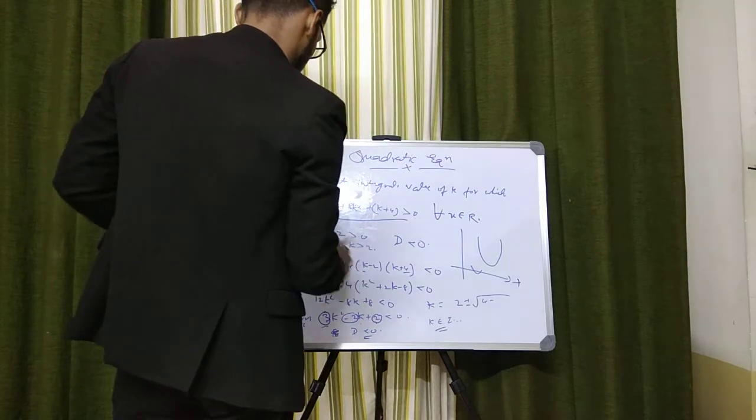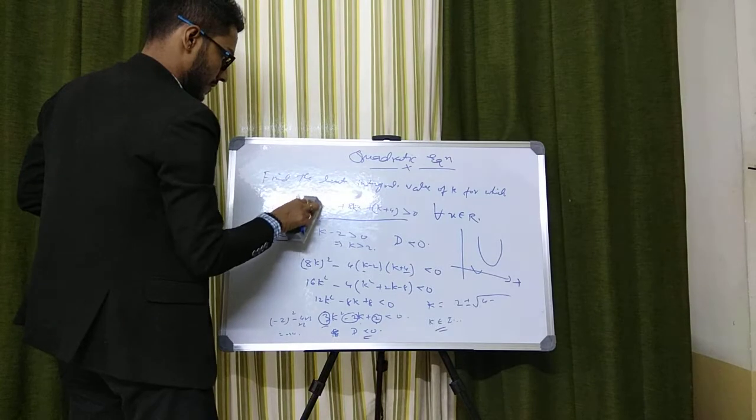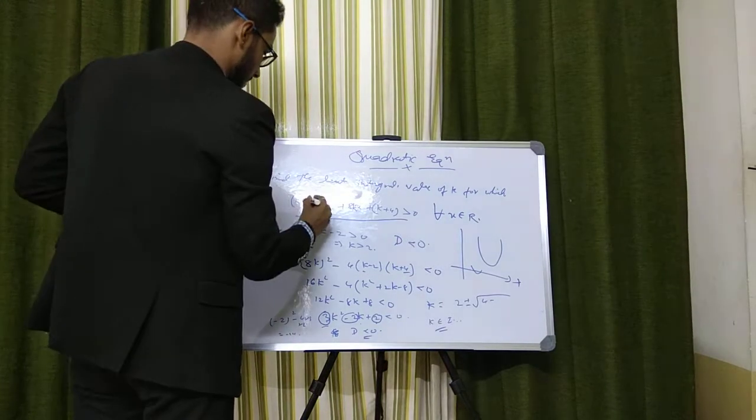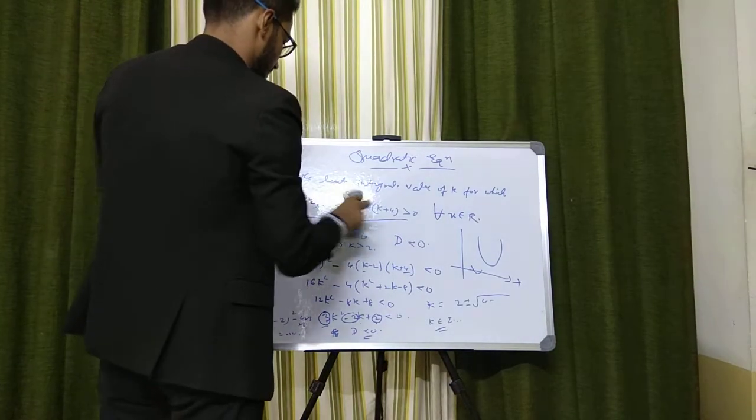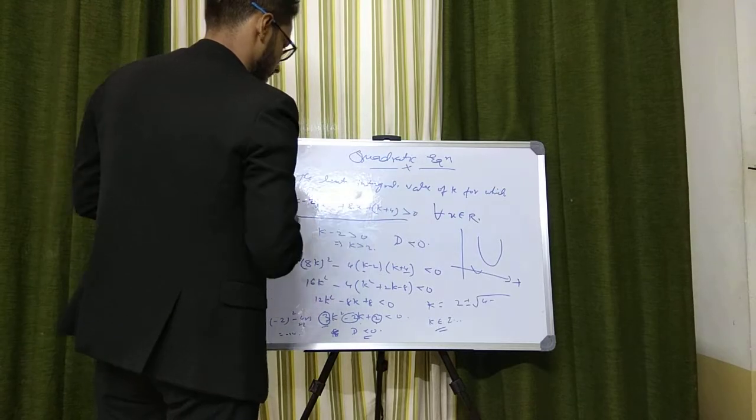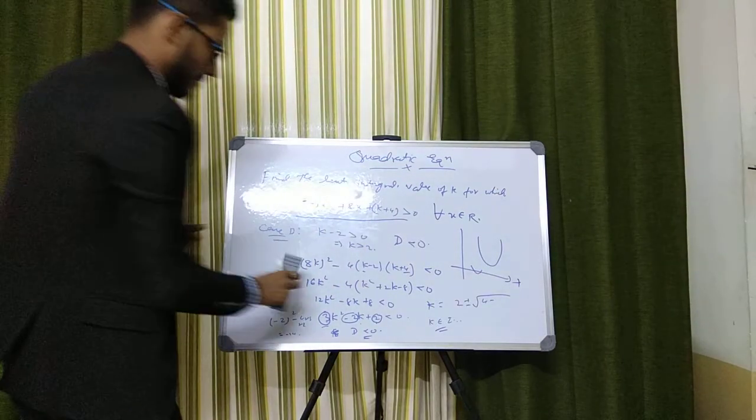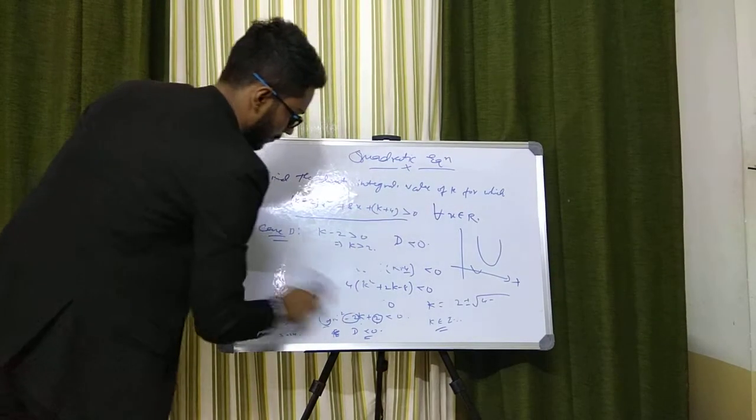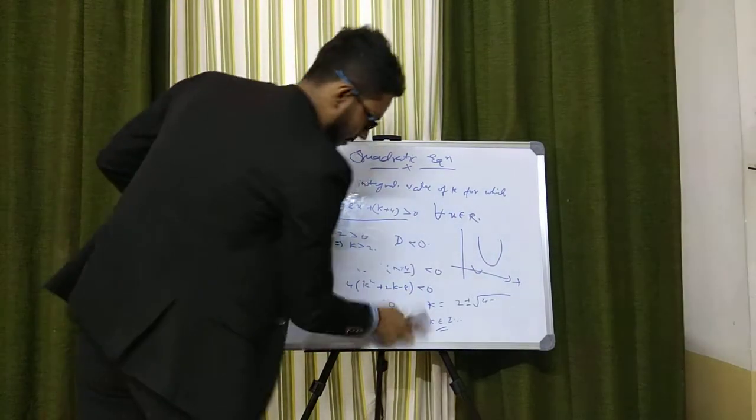Okay, or wait, k minus 2, remove this k. Okay, so coming back to this. See, even if your answer is not coming, that means some problem is there in the equation.